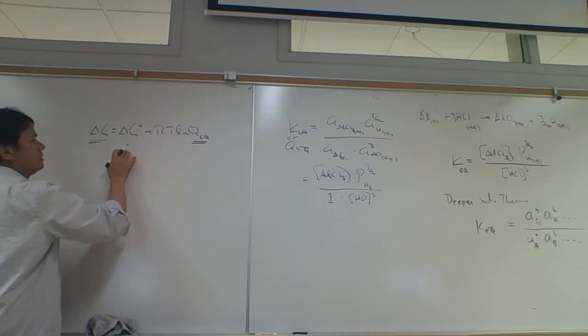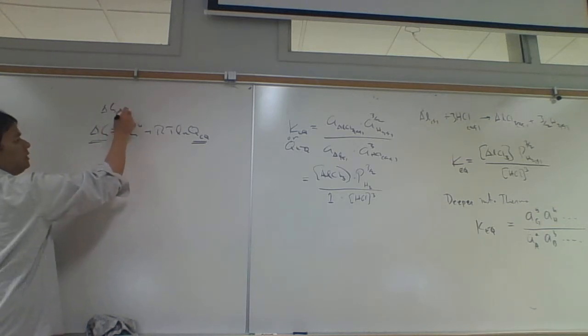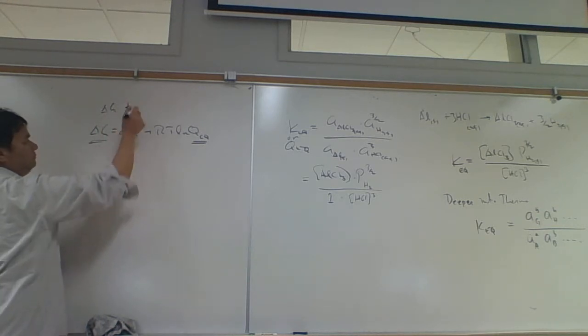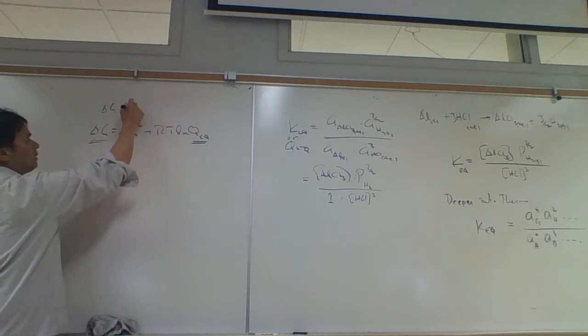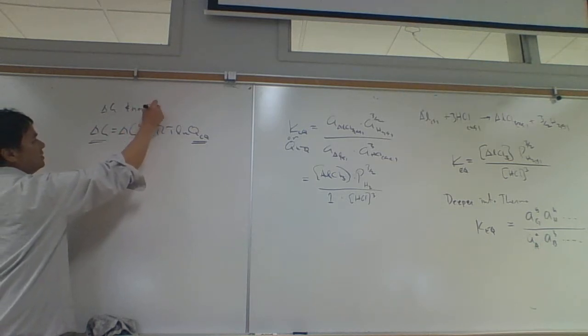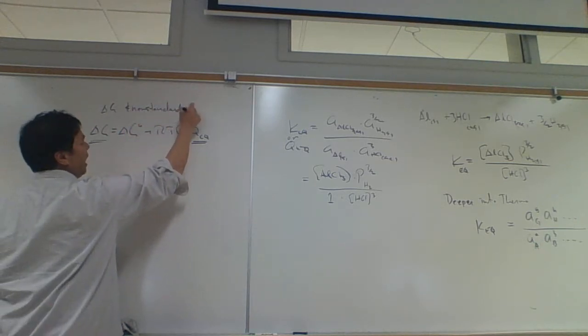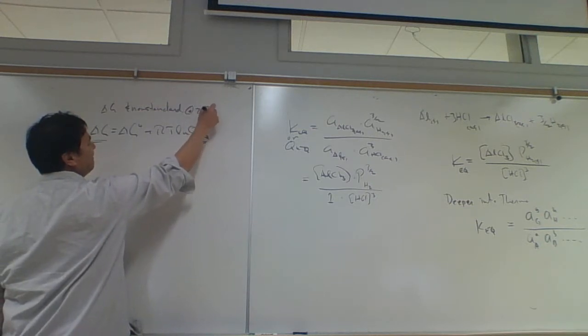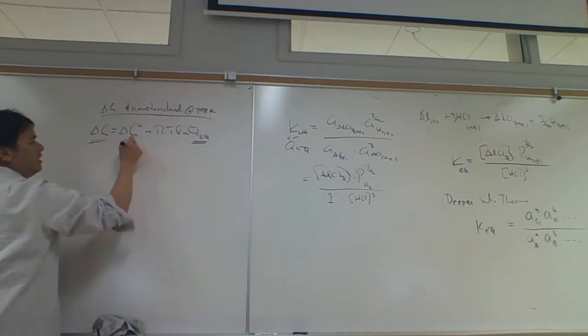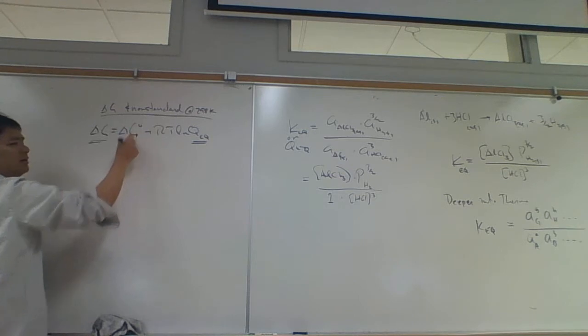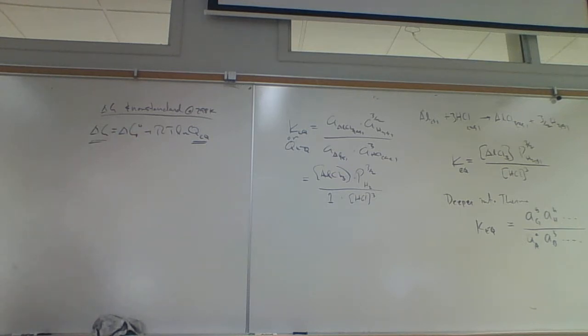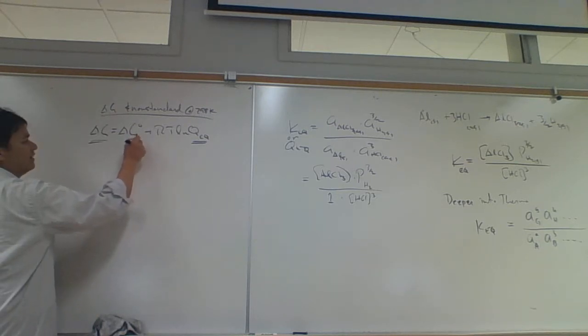Now there's a trick to this. This is going to be delta G at non-standard conditions at 298 Kelvin, because delta G naught, how do we calculate delta G naught? We calculate delta G naught at 298 Kelvin.